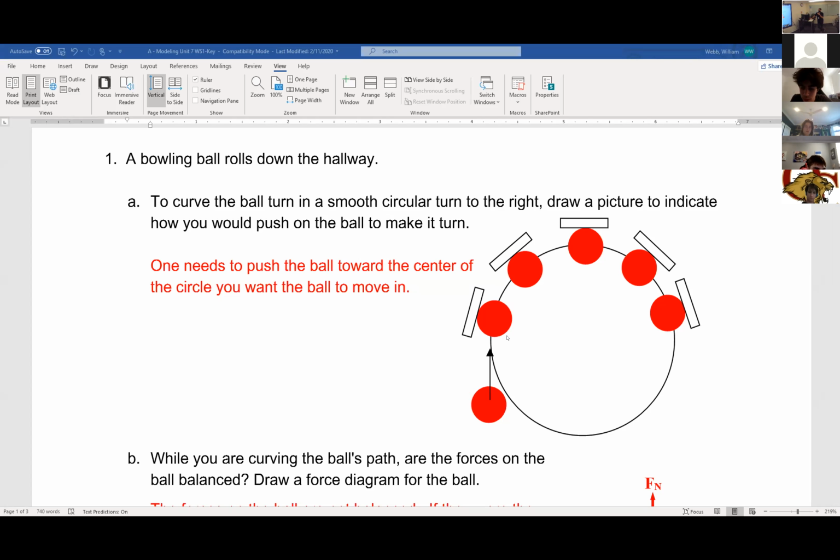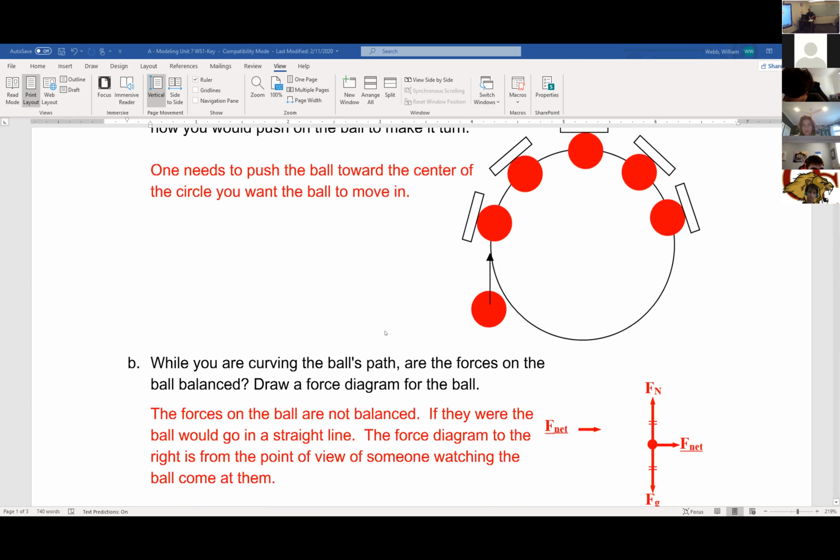They actually had to start making it go the other way in the curve. But to make the ball curve, you have to be applying a force that pushes it back to the center. And so your picture doesn't have to look exactly like this, but the goal is that to make it go to the center, the force has to be pushing to the center. So something along those lines for part A.